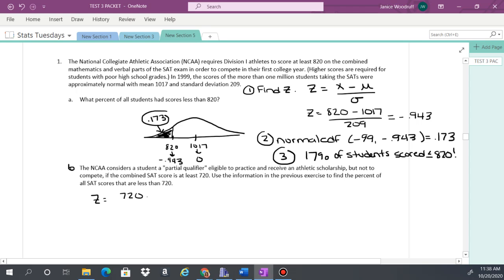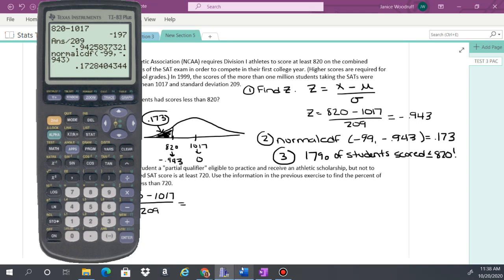You just change that x from 820 to 720. So 720 minus 1017 over 209, we get negative 1.421.